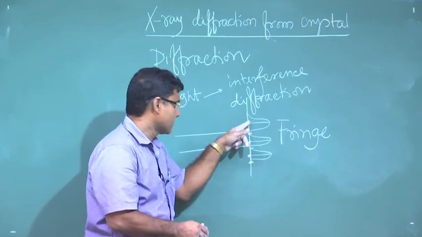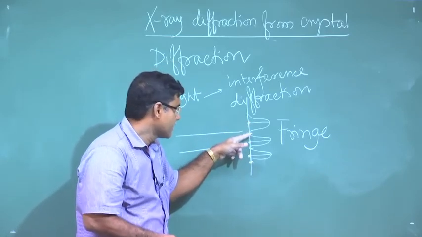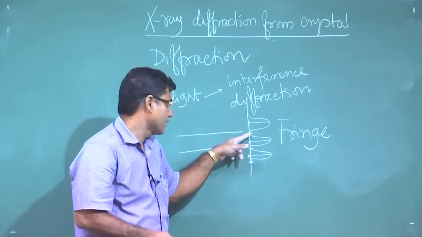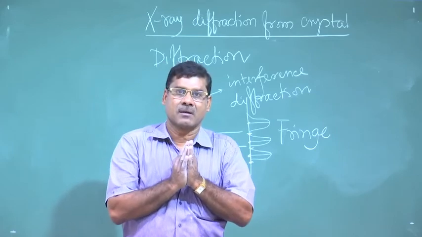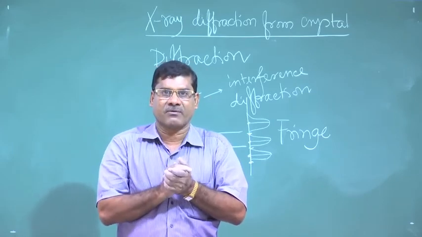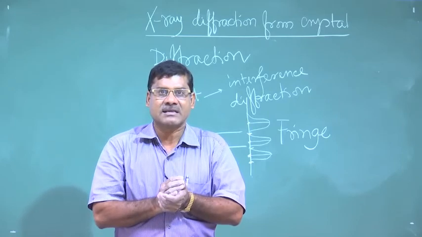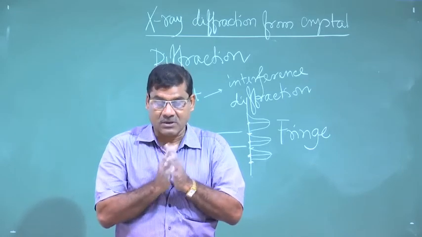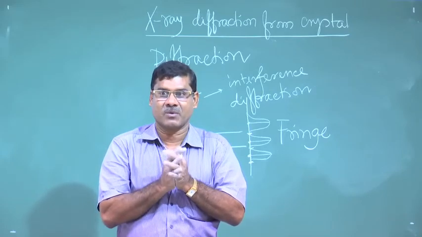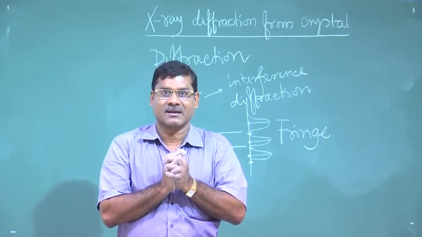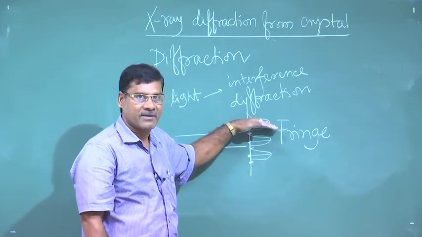Here the path difference is different, there the path difference is different. When the path difference is a multiple of lambda, or the phase difference is a multiple of 2 pi, then there will be constructive interference, and we will get the bright fringe.